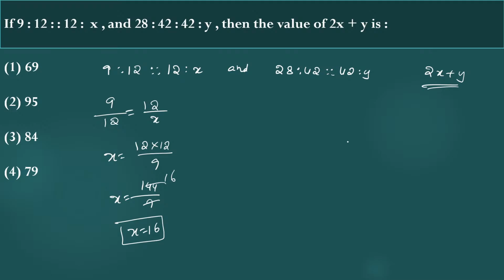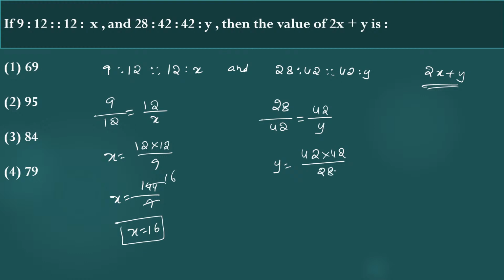And now they have given 28 by 42 which is equal to 42 by y. So y is equal to 42 into 42 by 28.